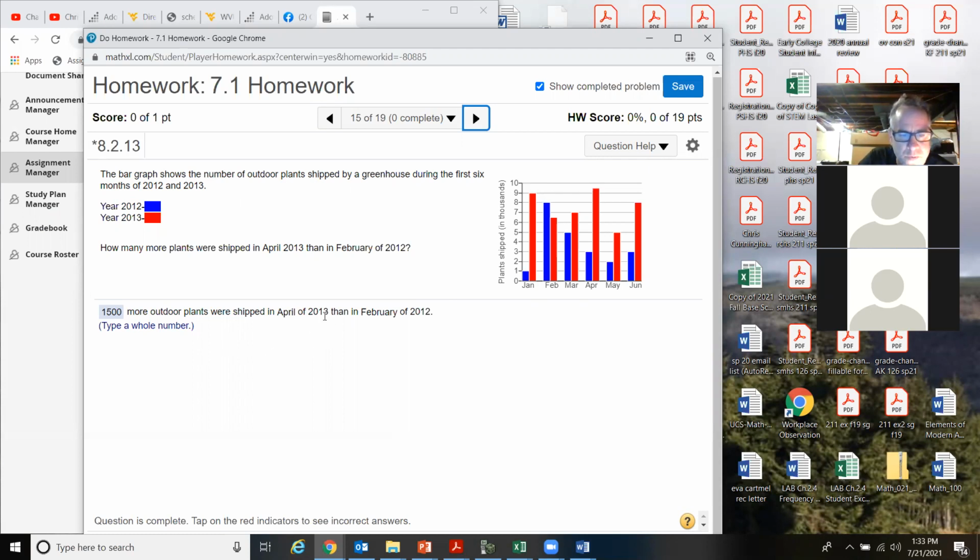Now we want to know between April 2013 and February 2012. It says the answer is 1,500. If I went to April 2013, it would appear about 9,500, coming up about halfway between the 9 and 10. In February of 2012, it looks like 8,000. 9,500 minus 8,000 is 1,500.